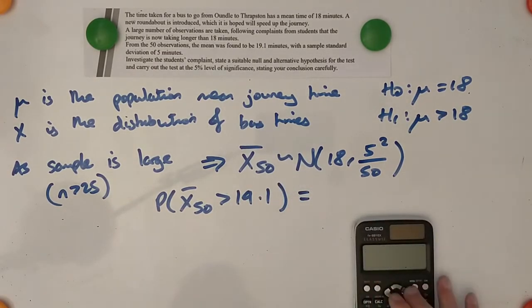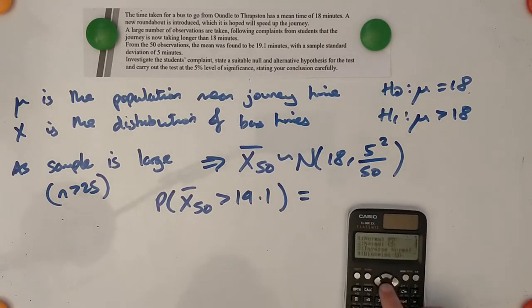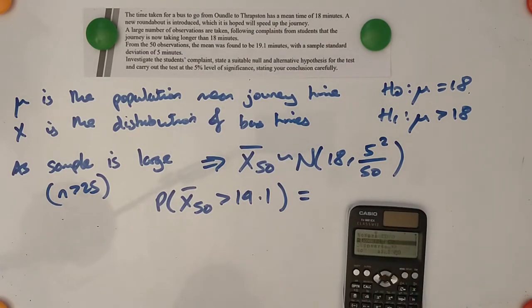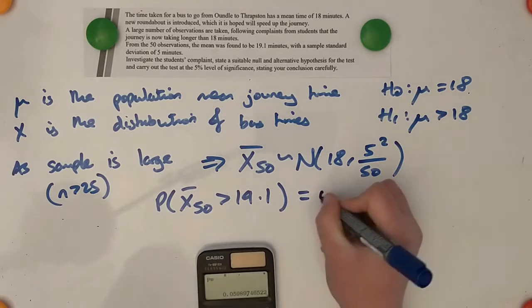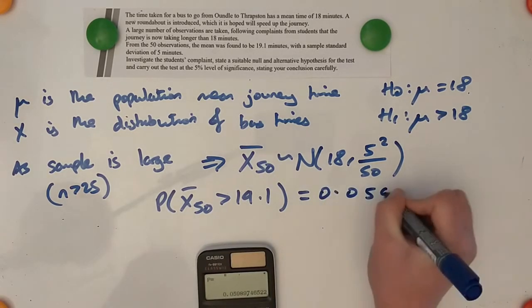If I do that in my calculator, so again menu 7, normal CD, my lower value is 19.1, upper value really big. Sigma is the square root of 5 squared divided by 50. I'll put an extra bracket in there. And my mu is equal to 18. And I get 0.0599.